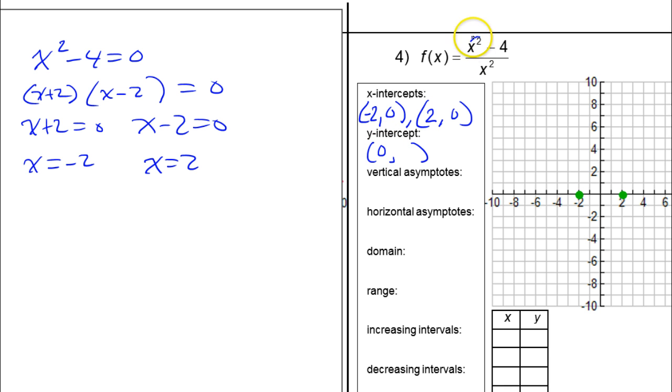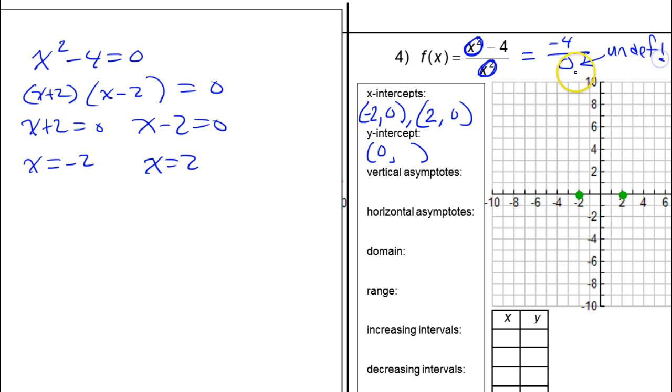So I can either plug in 0 by hand or use my calculator. But wait a minute. If I substitute in 0, I'm dividing by 0. That would be like having negative 4 over 0. This is undefined.